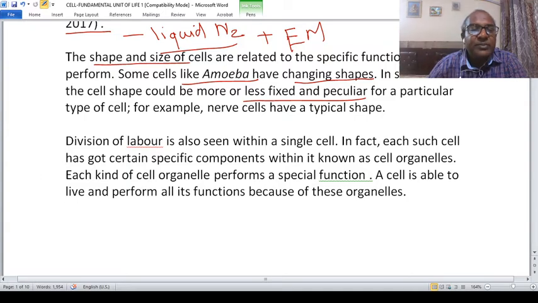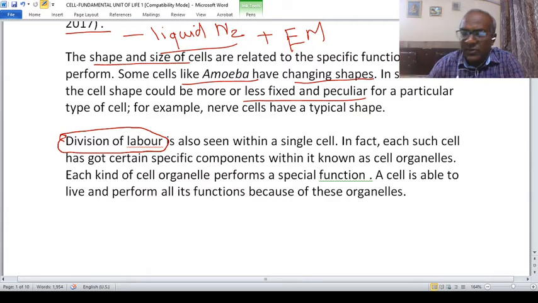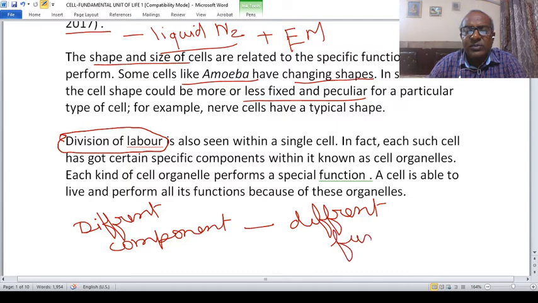Even inside the cell, you will find division of labor. Adam Smith's economic theory is based on division of labor and specialization. Inside the cell also, different components are specialized to perform different functions.